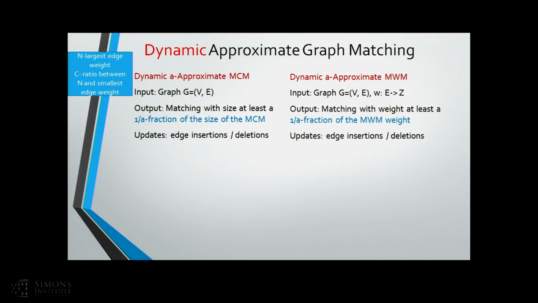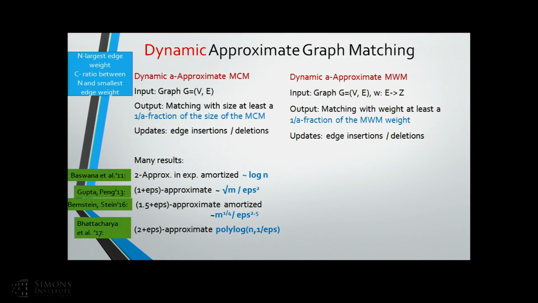Here, the situation is much, much better. So now, instead of maintaining an exact matching, I want just a matching whose quality is within a 1 over alpha fraction of the actual quality of the matching. And so here's what's known. For the maximum cardinality matching, we have many, many results.